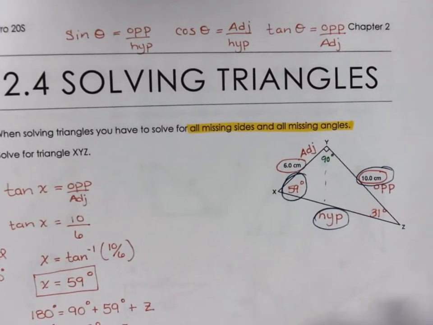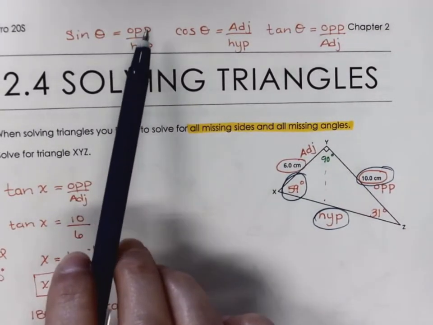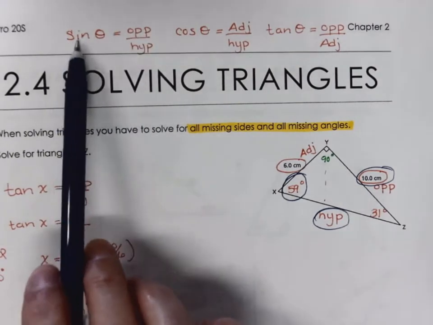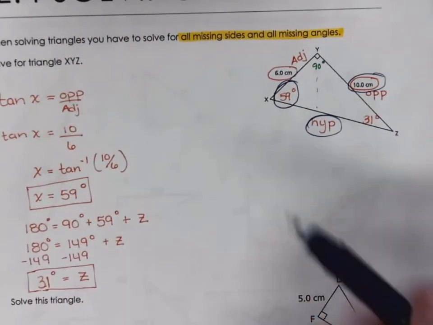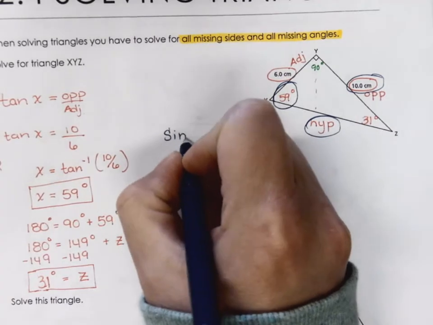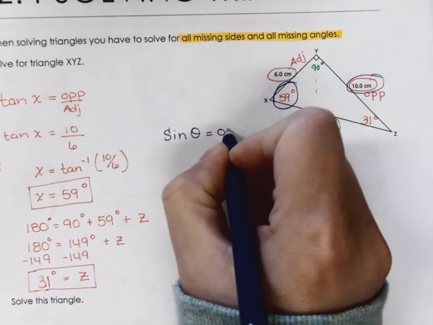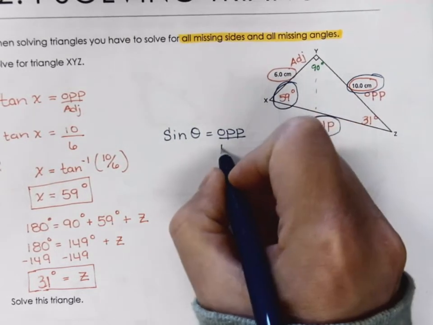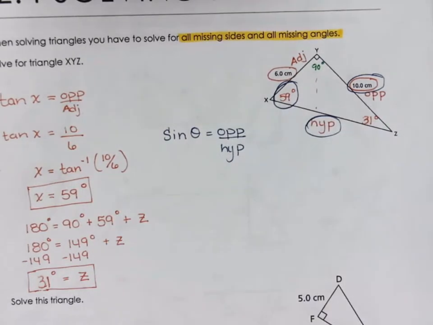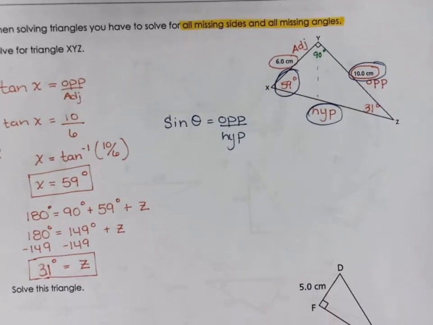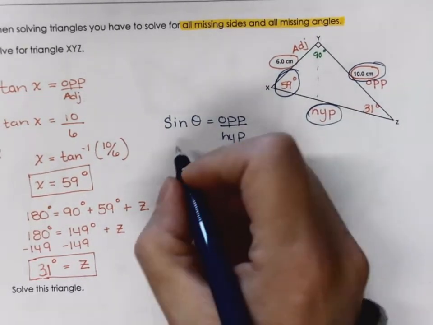If I look up here, the trig formula that has opposite and hypotenuse is sine. So that's the one I'm going to use. Sine of the angle is equal to opposite divided by the hypotenuse. Now I'm going to fill in the information. Again, I always write down that trig formula first.